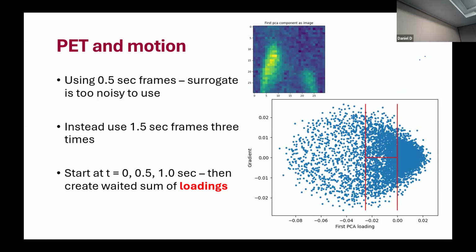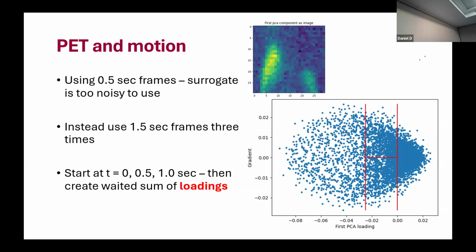For every half-second point, you take a weighted sum of the 3 contributions, and you end up upsampling to a higher temporal resolution. As you'll see later on, the noise improves markedly.